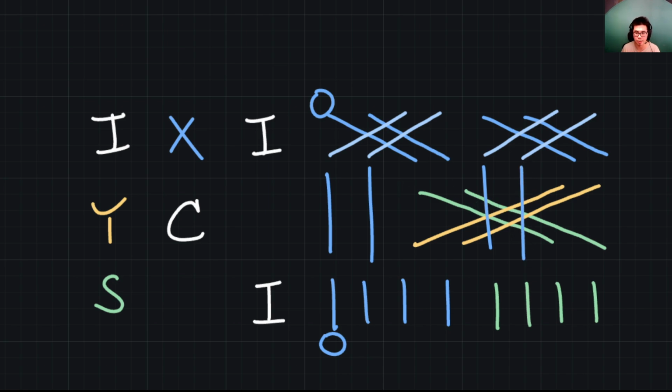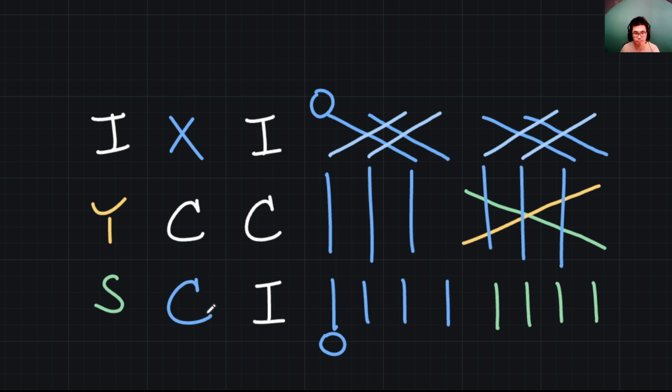Now we apply another C gate. This time, anything which is on the left half of each adjacent pair, if it has not already been spared, would be spared. Finally, we apply a C gate on S. What happens?